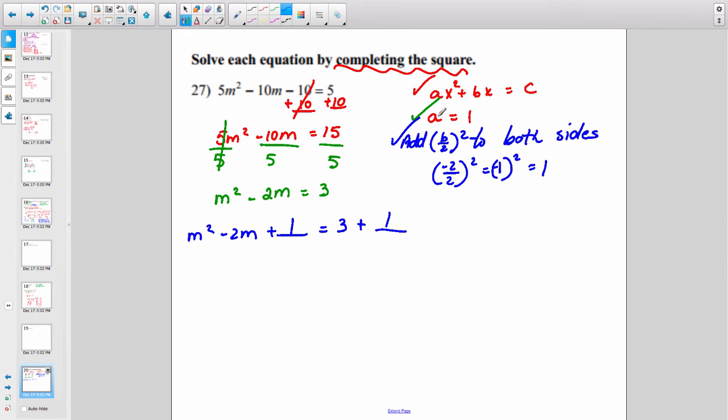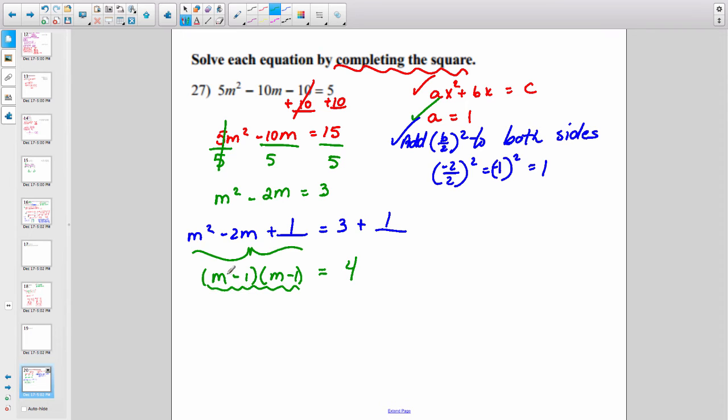Now, if you notice something really cool, this is why it's called completing a square, boys and girls. This guy right here, if you were to factor this, would look like this. m minus 1, m minus 1. But who's going to write this?